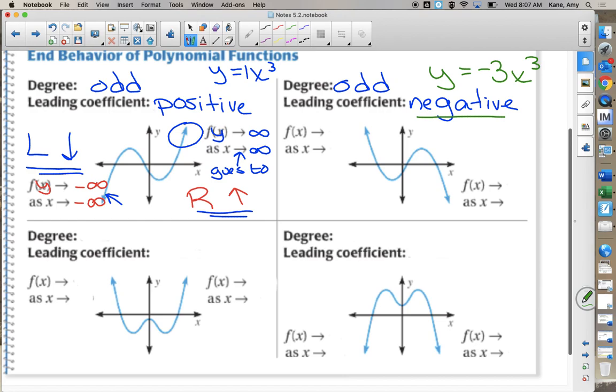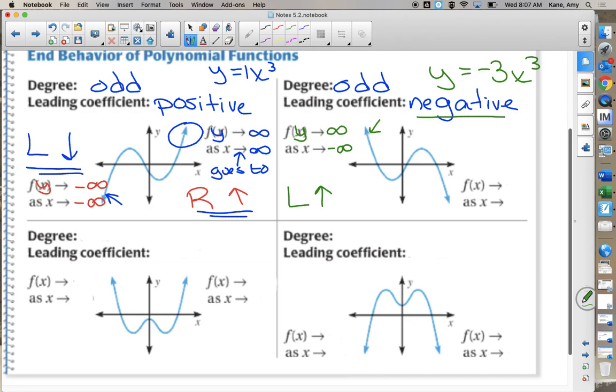So if I look here, the end behavior, now on the left, it's going up, whereas on the other side, it was going down. So as x is on the left at negative infinity, the y is now going up to positive infinity. This is the algebraic notation, but think of it as the left is going up. It's way easier to think about.